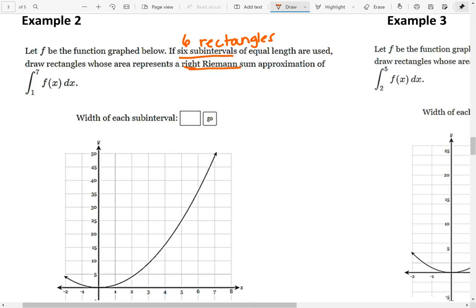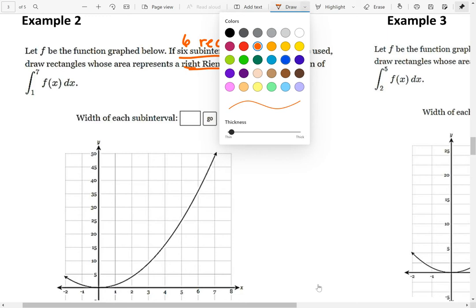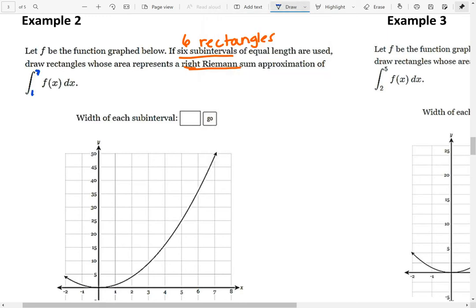To figure out the length of the subintervals, I look at the 7 and the 1. So I'm going to do 7 minus 1 divided by 6, because that's how many rectangles I want. I go from 1 to 7 and divide that into 6 equal rectangles, which gives me 1. So each rectangle is going to be 1.